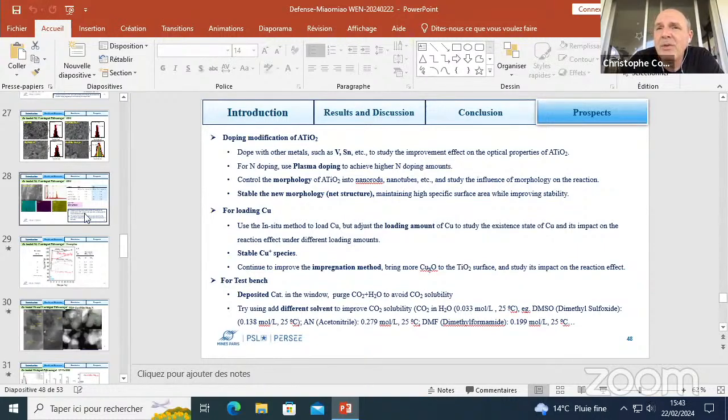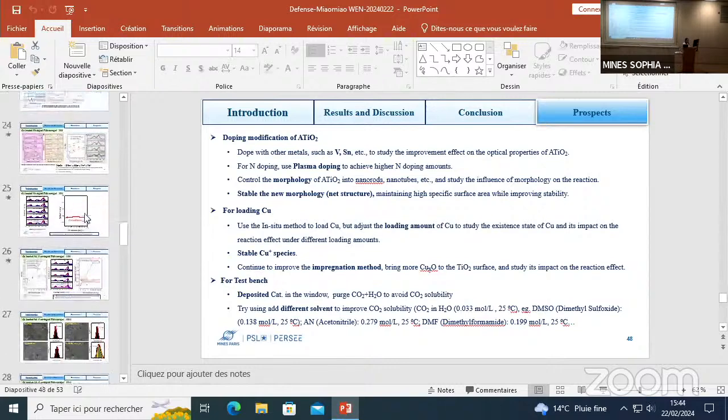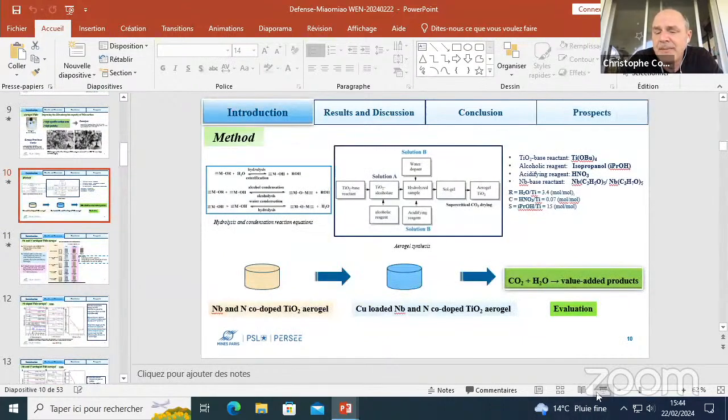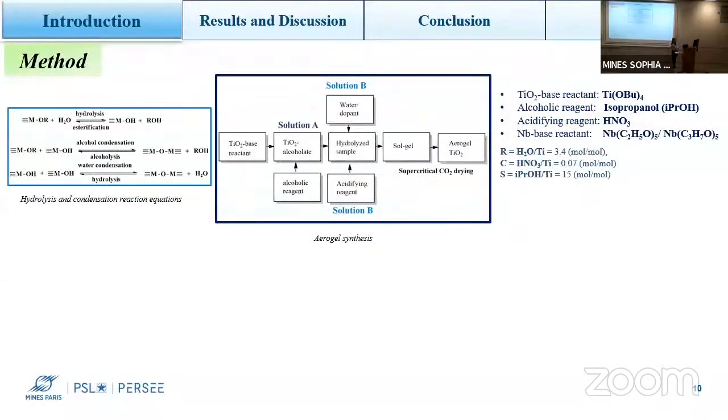Okay, so can you explain your process to make the aerogel? You replace the alcohol containing your gel by carbon dioxide? Here, the beginning was using the sol-gel method: we mix the titanium source and the dopant with water and acid to synthesize the gel. After the gel was aged, we use supercritical drying to obtain the aerogel.